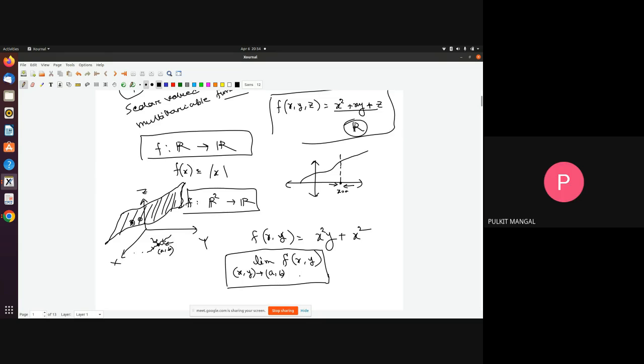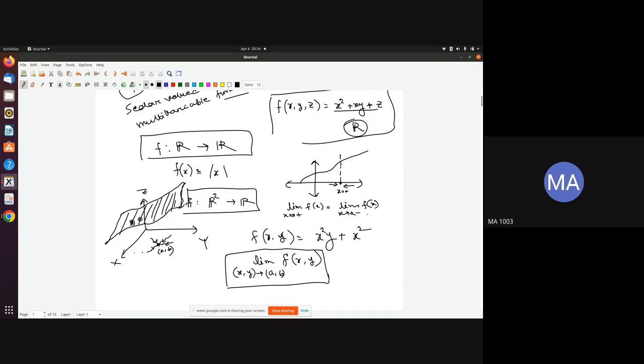Anyone has any doubt till this point? Okay, great. So suppose this limit exists. Then the next point is continuity. In the case of a single variable, what have we done? First, the limit as x tends to a plus of f(x) should match the limit as x tends to a minus of f(x).